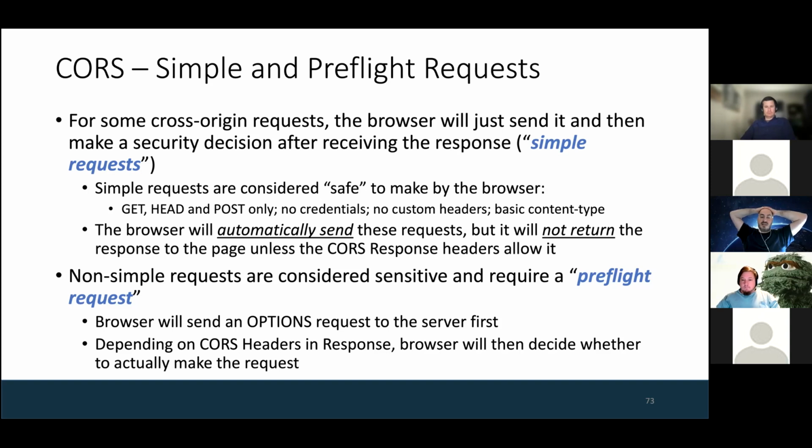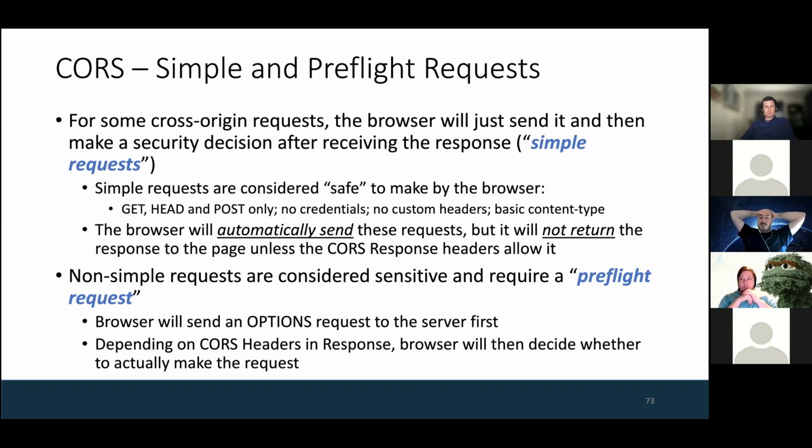For something that is a little more complex, there's a pre-flight request, as in there's a request and response sent before it is actually permitted. So instead of the request happening immediately, we send something called an OPTIONS method, and it's sent to the server first, and we see how the CORS headers are set.